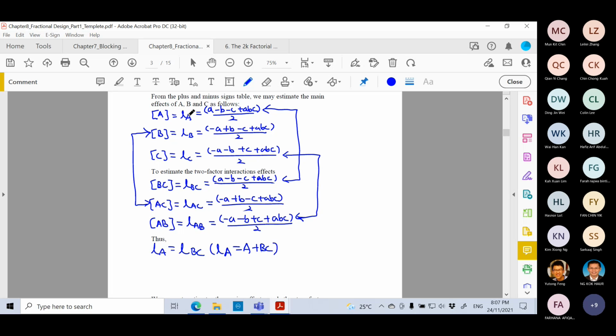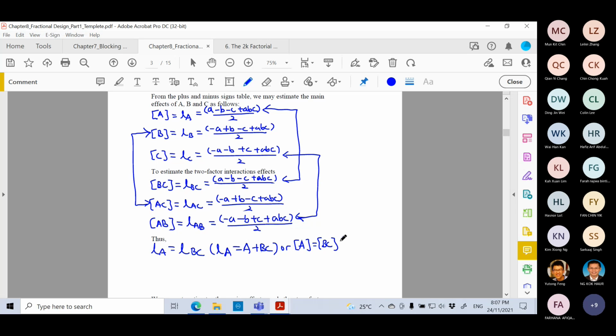Okay, because you can see the calculation of the effect A and the calculation of the effect of BC are actually the same. Or we can put it as another notation here: LA is equal to LBC. Also, we can write it as a bracket of A will equal to bracket of A, the BC.